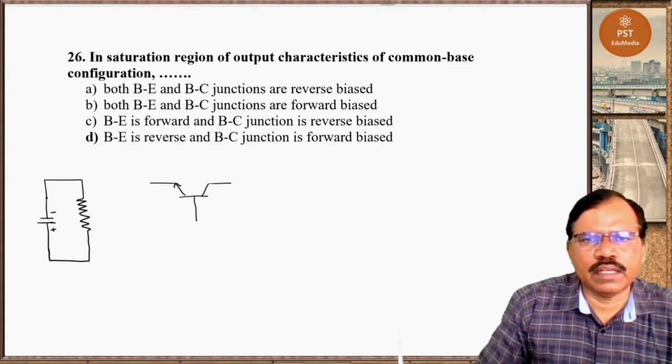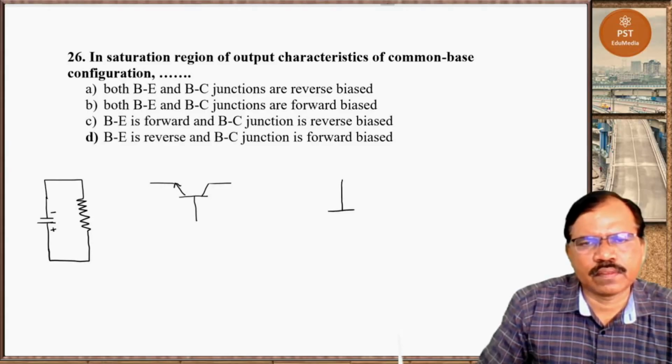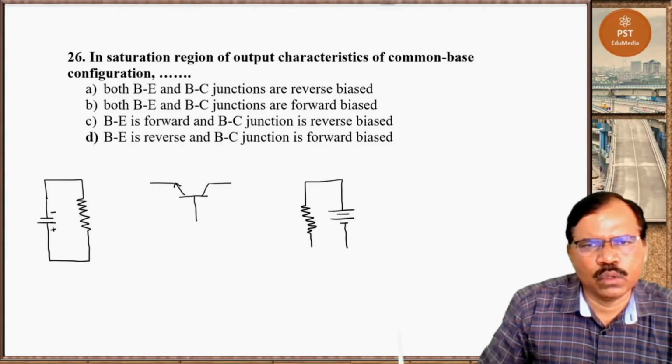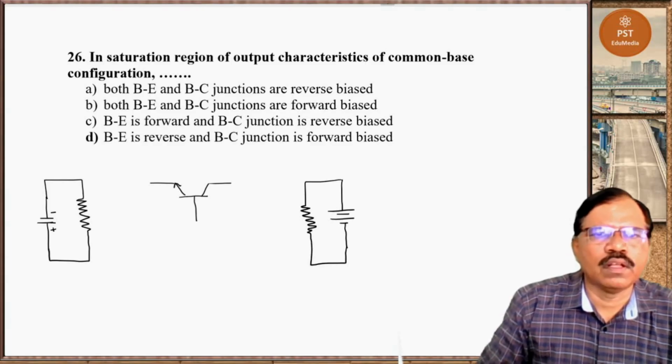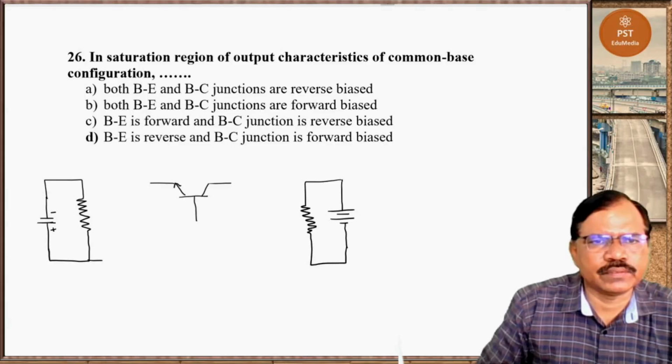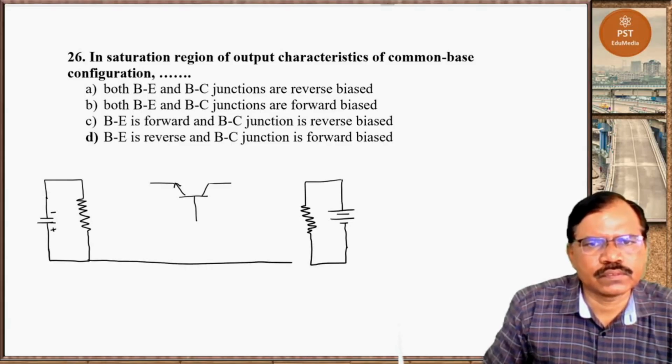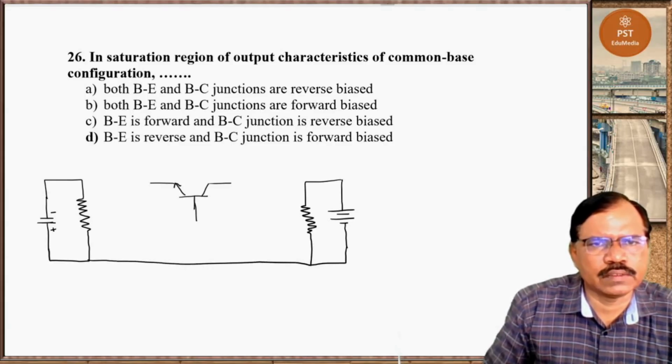And here I have the second battery, and here the corresponding rheostat to make a variable source. Now here base is common. Base is common.